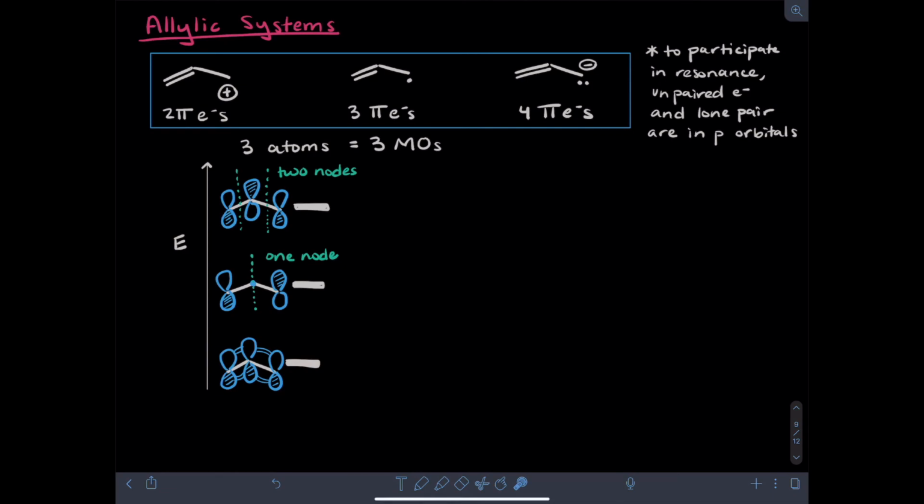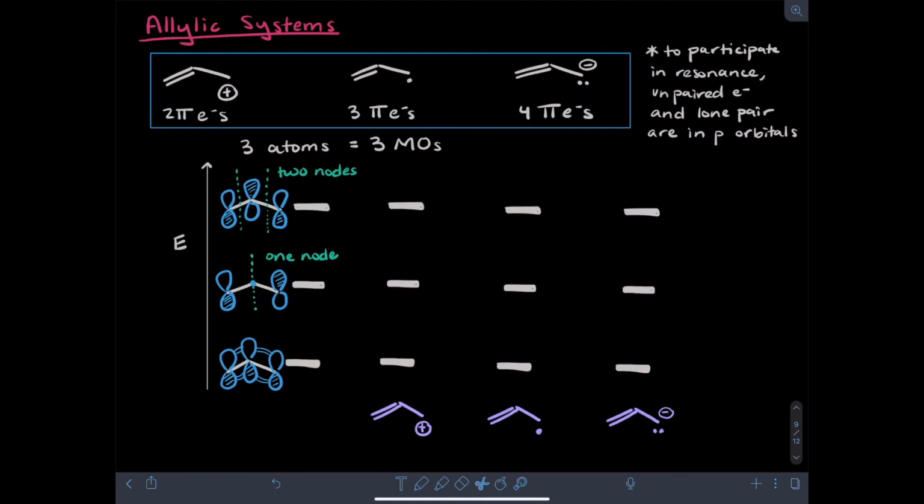Here as well, every time I cross a node, I need to have a shading change. So just looking at the top lobes in each case, I go from unshaded to shaded back to unshaded. Alright, so this is my general pi molecular orbital diagram for a 3-atom system.